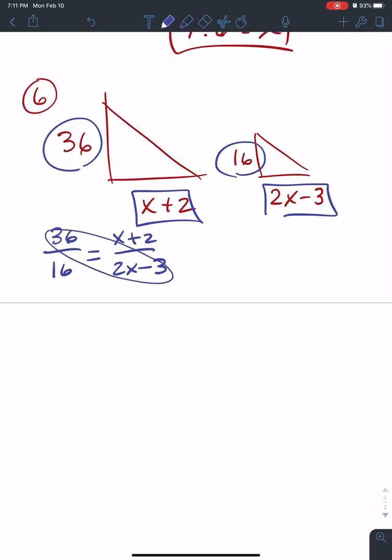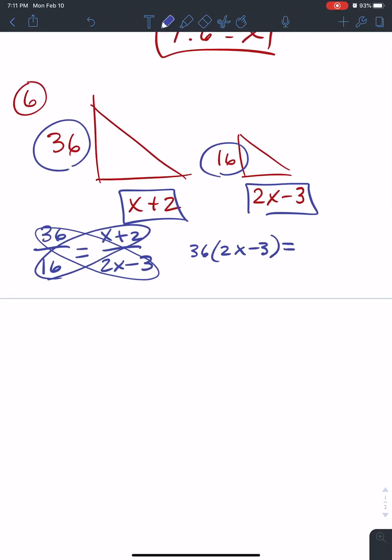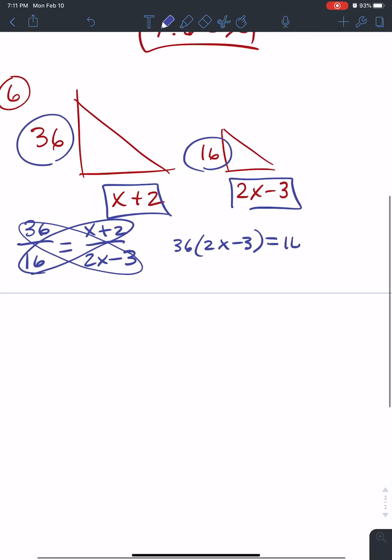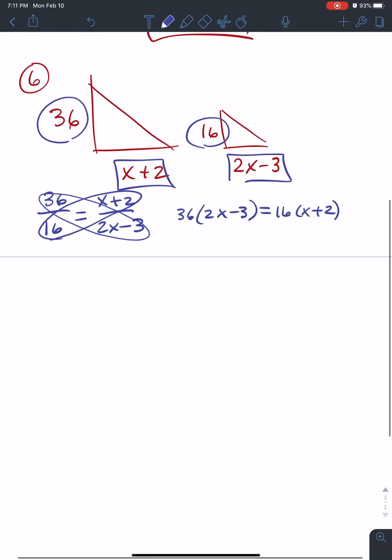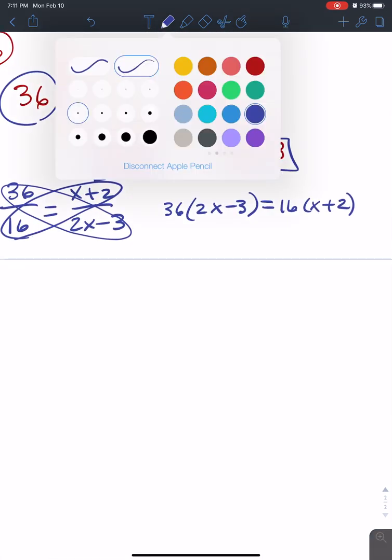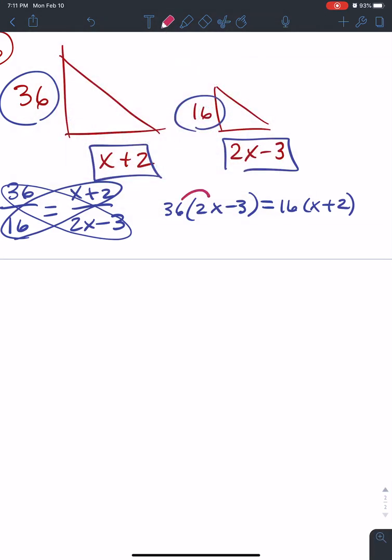And if you set this up correctly, you got partial credit, and then maybe you went wrong somewhere with the algebra. So 36 times 2x minus 3, 16 times x plus 2. Notice how I'm putting parentheses there. If you don't put the parentheses, you might forget to distribute.